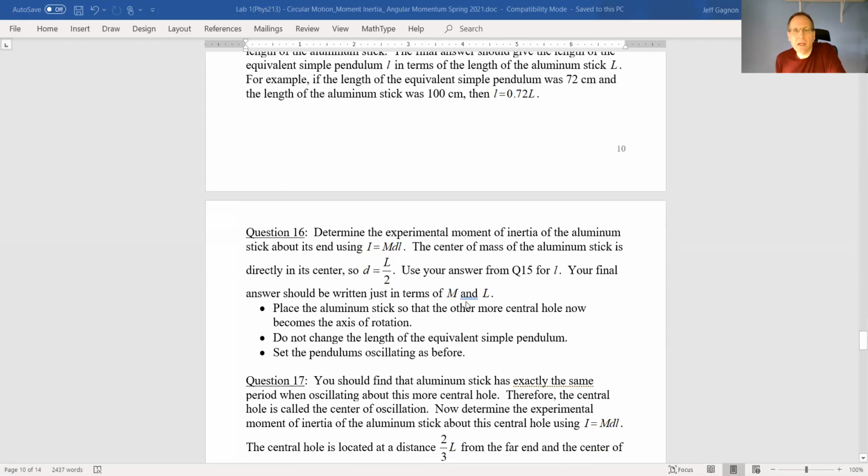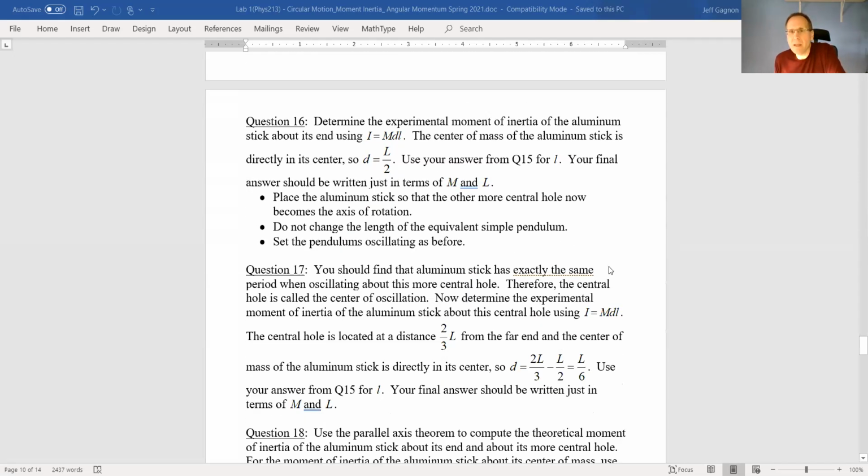Okay, question 16. Now we're going to determine the experimental moment of inertia of the aluminum stick about its endpoint. We're going to use the formula that we derived by setting the periods equal, of the physical pendulum, which is the aluminum stick, and the simple pendulum.